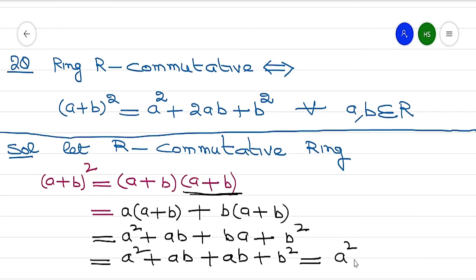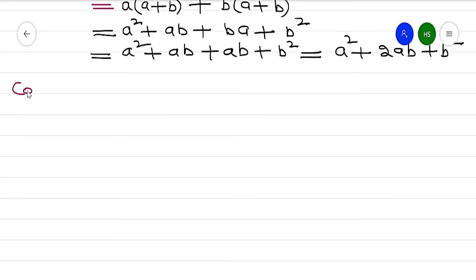Now the converse part. In the converse, one is that R is a ring, and second is that this property is given. So (a plus b) raised to power 2 is given as a square plus 2ab plus b square.